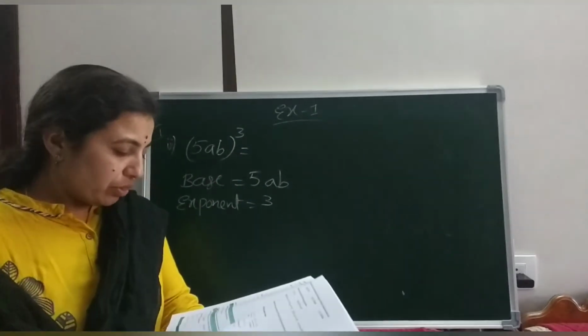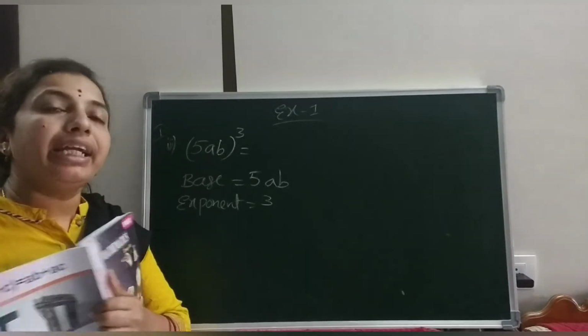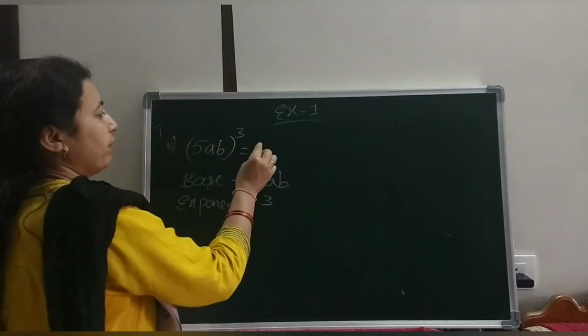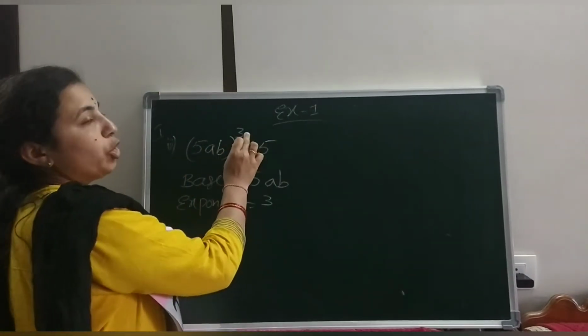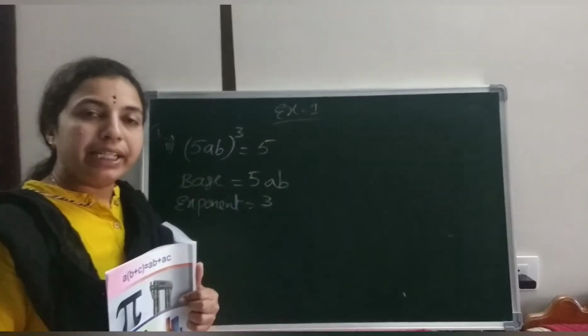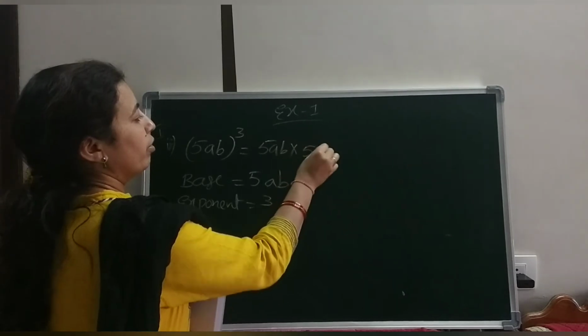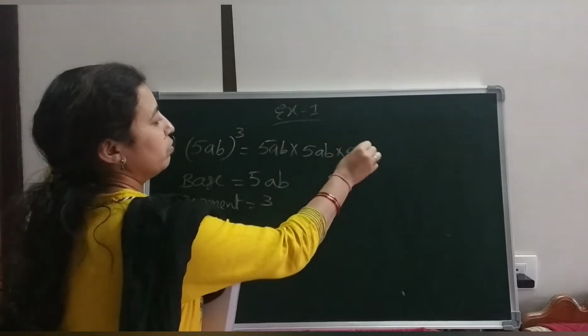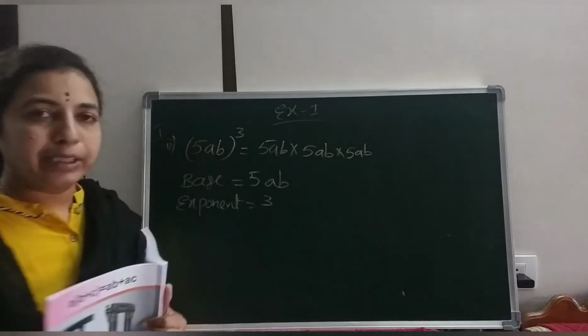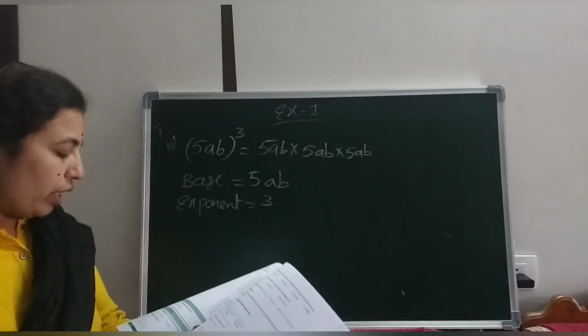Okay. Now what you have to do? Also write the term in the expanded form. Just write here 5ab whole cube. That means 5ab is multiplied 3 times. So 5ab into 5ab into 5ab. This is the expanded form. Okay. So do the remaining.